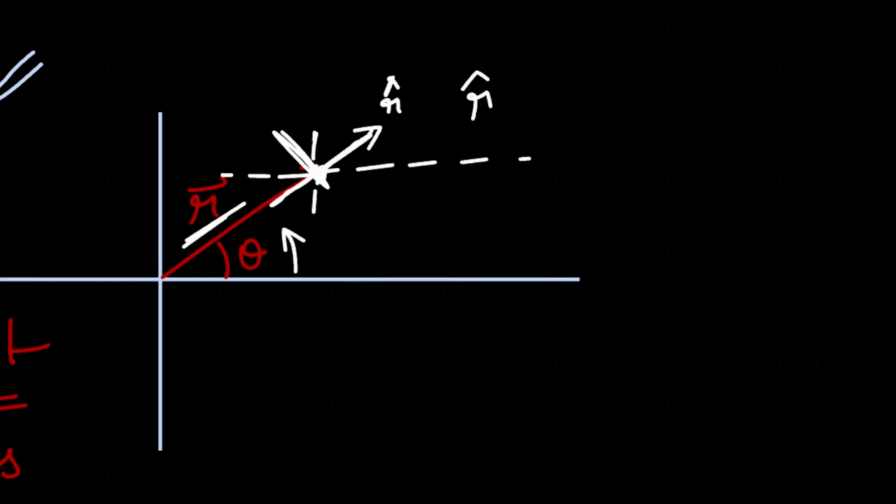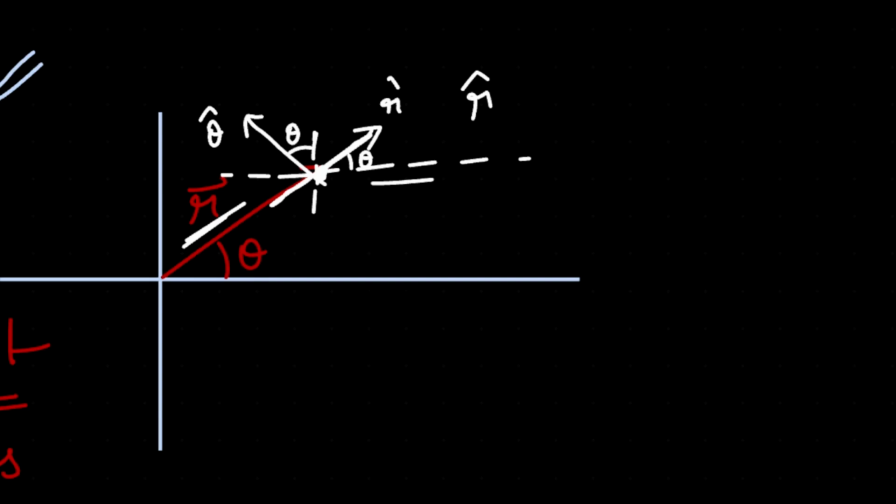So if I refine the diagram a bit, it will be like this, and this is the direction making an angle theta, and this is the direction of the theta cap vector, and this is also making an angle theta. Why? This is a corresponding angle. This is parallel to that one, so it is a corresponding angle, so that is also theta.